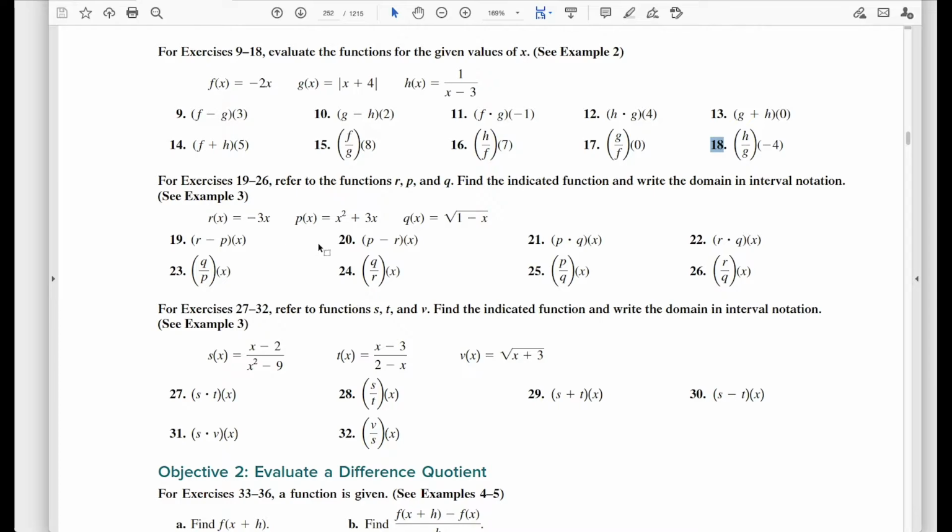How about now 22? Let's do 22. The question is, refer to the functions r, p, and q. Find the indicated function, which is this product this time, and write the domain in interval notation.